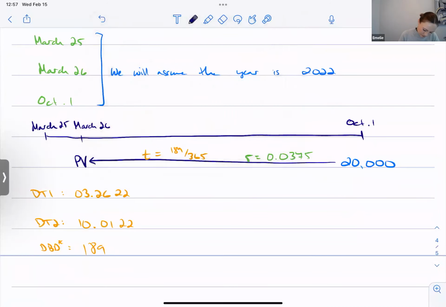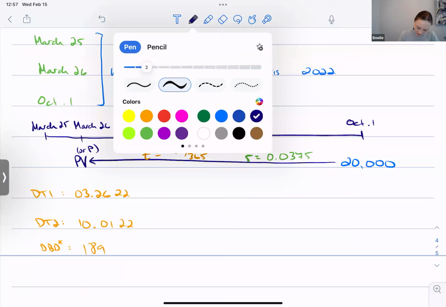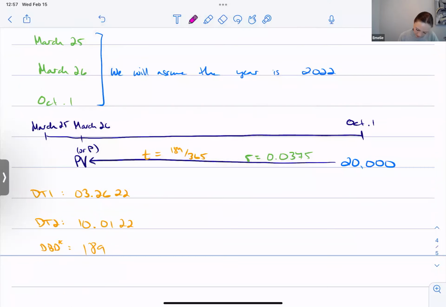So now PV or P. And this, let's see here, what color can I use? This is the future value. I guess I could have used the same color.